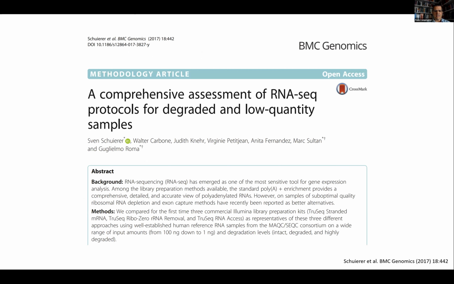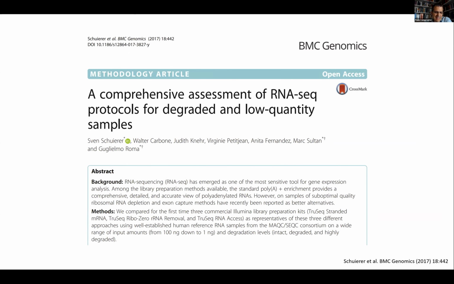So in this article published in 2017, they studied three different approaches for FFPE samples, evaluating what would be the best option for looking for gene fusions.